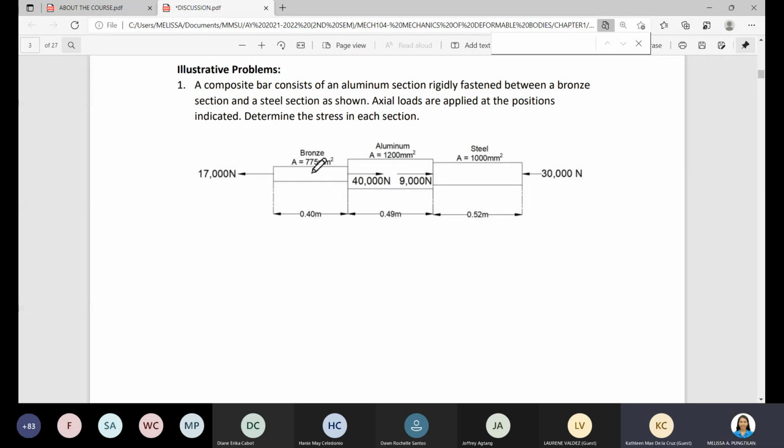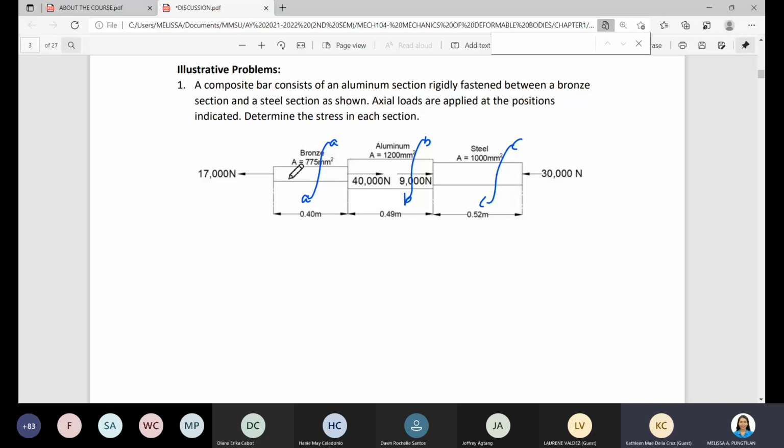So, ang pinapahanap dito is the stress in each section. Stress dito sa bronze, stress dito sa aluminum, and stress dito sa ating steel. So, para magawa yan, we need to pass an exploratory section that we will call as AA, BB, and CC. So, dito muna tayo sa part ng ating bronze.